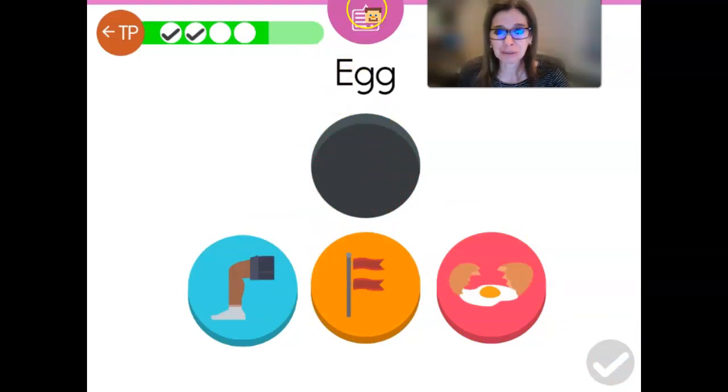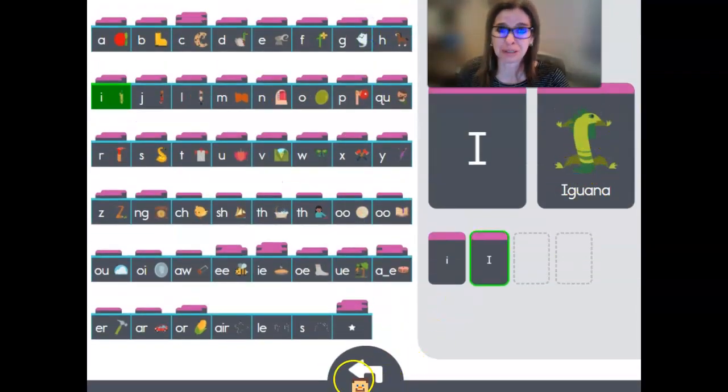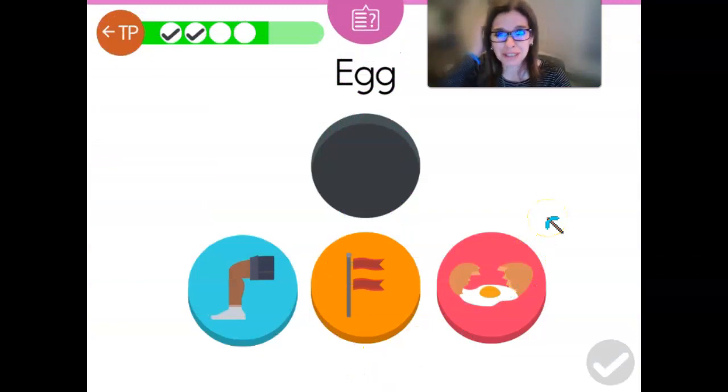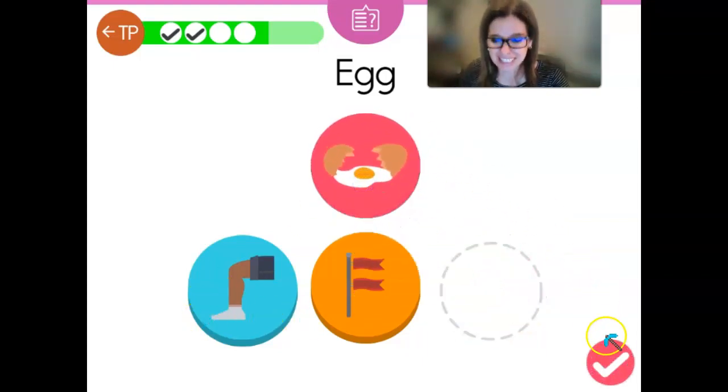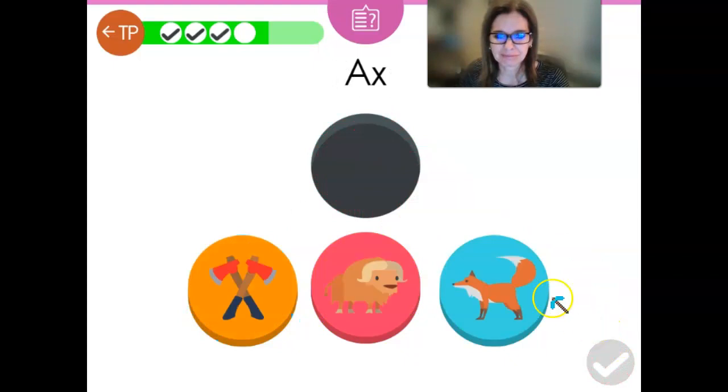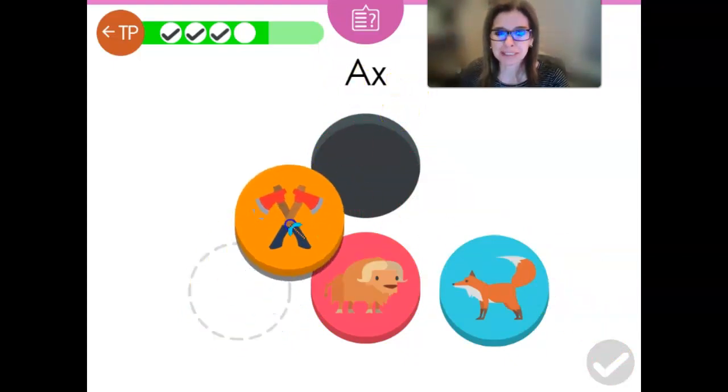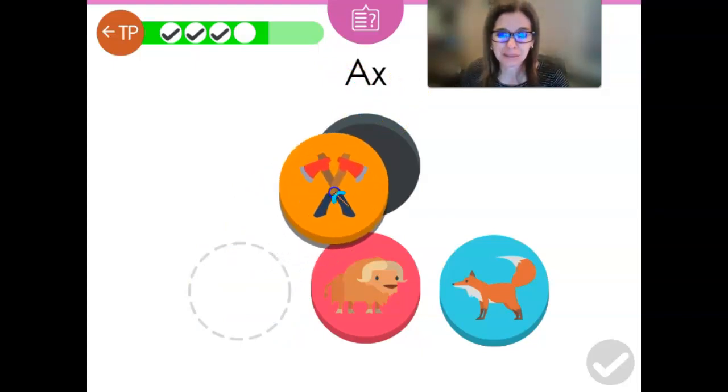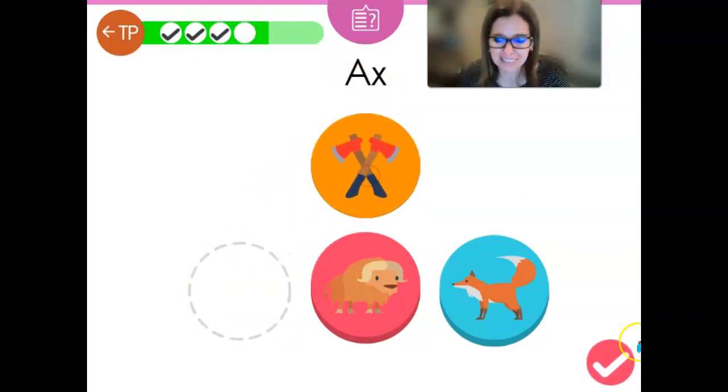Now this word, remember I have my sound chart if I need to go borrow some sounds, right? I see the spellings for eh and g. Egg. Right. This one? I see the spellings for the a and the x. Blend them together. Axe.